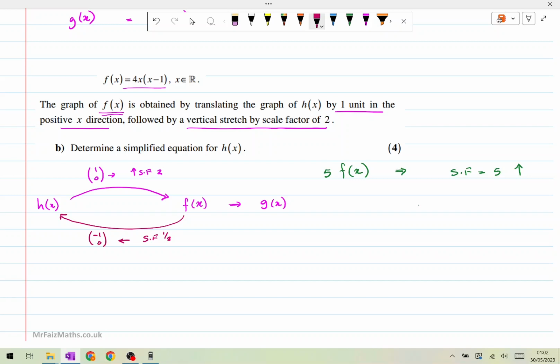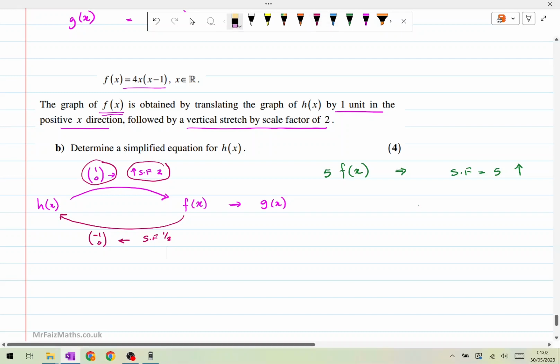In this case, the order will not matter because I'm stretching in the y direction by scale factor half and translating in the x direction. But depending on the transformations you are given, it could be that the order does matter. So in this case, because we did the translation first and then the stretch, to reverse it, we need to reverse the stretch first and then reverse the translation.